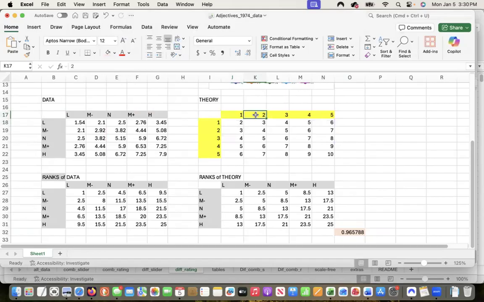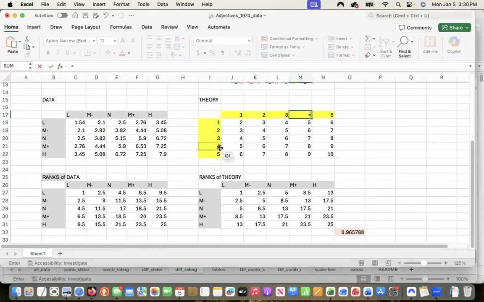I'm going to make this value equal to this one. I'm going to take this value and force it to be equal to this one. I'm going to take this value and make it equal to this one, and this value as well.